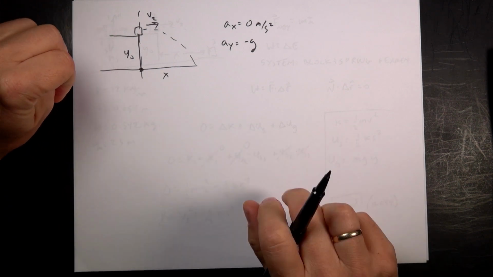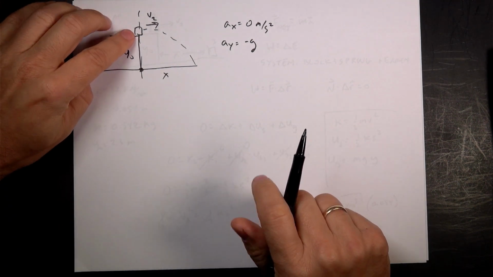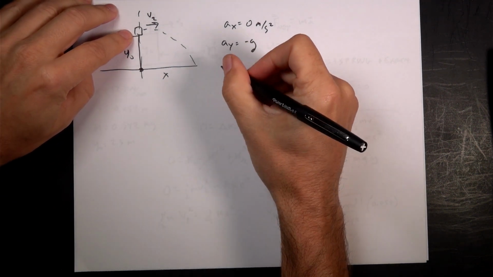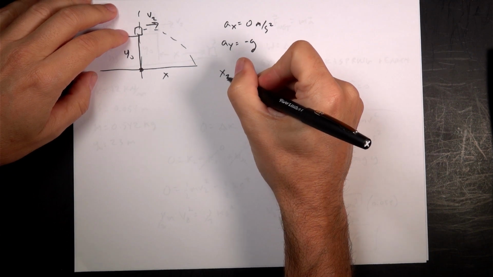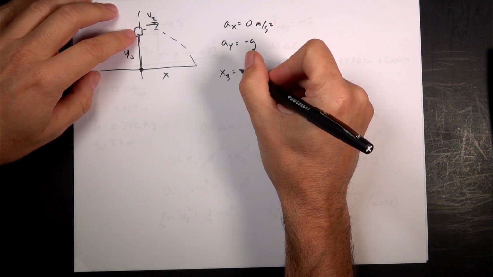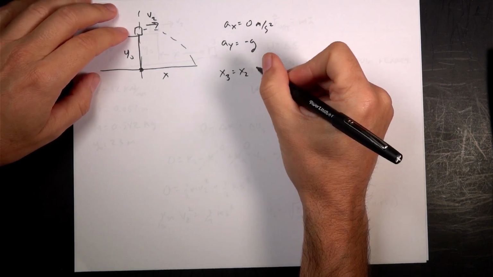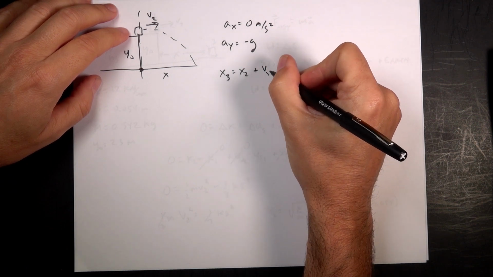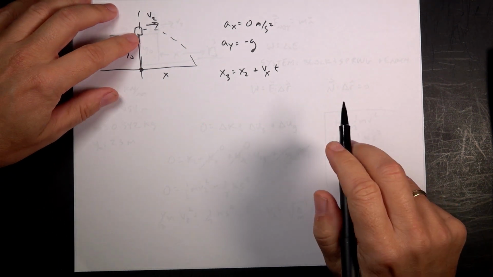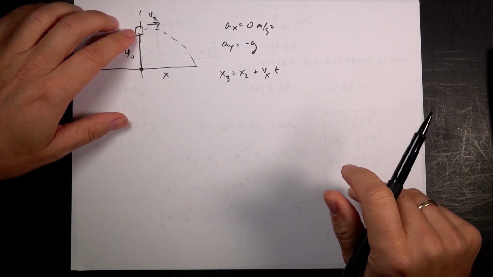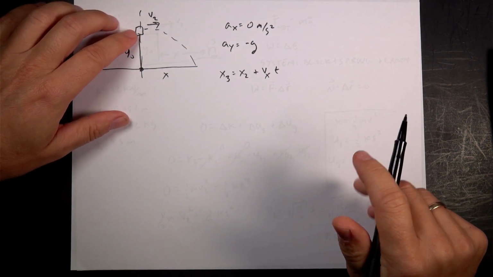So this is your classic projectile motion problem. So in the x direction, I get the following kinematic equation. X final, which I'll call x3 because it's at the third position, equals the initial x position, x2, which is 0, plus vx times time. And so vx in this case, the initial x velocity, is v2.